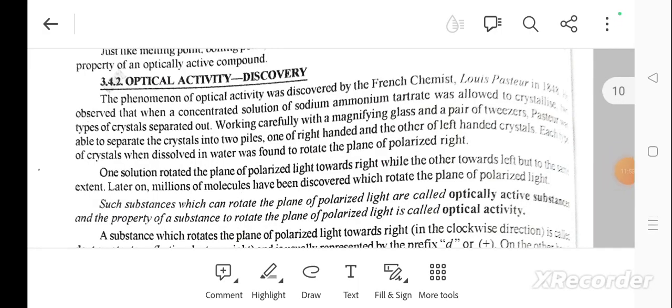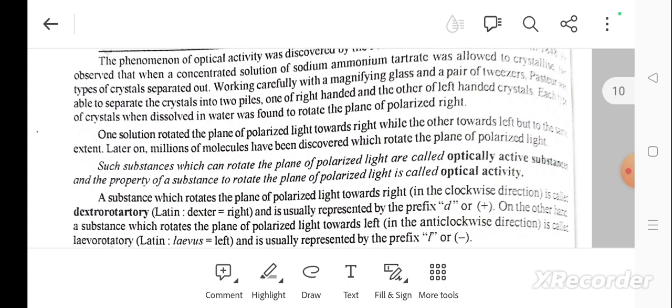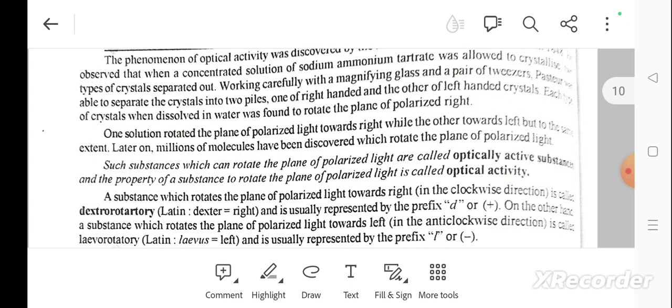Discovery of optical activity. The phenomenon of optical activity was described by the French chemist Louis Pasteur in 1848. He observed that when a concentrated solution of sodium ammonium tartrate was allowed to crystallize, two types of crystals separated out. Working carefully under a magnifying glass with a pair of tweezers, Pasteur was able to separate the crystals into two piles, one of right-handed and the other of left-handed crystals.